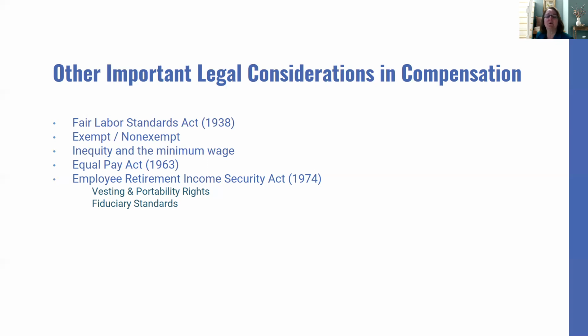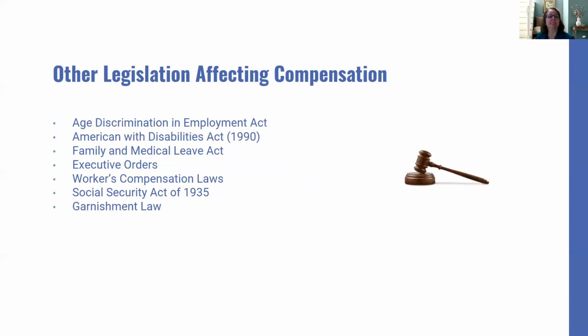So vesting refers to the equity or ownership the employees build up in their pension plans should the employment terminate before retirement. And there are companies that still have pension plans, but most companies have gotten rid of it.